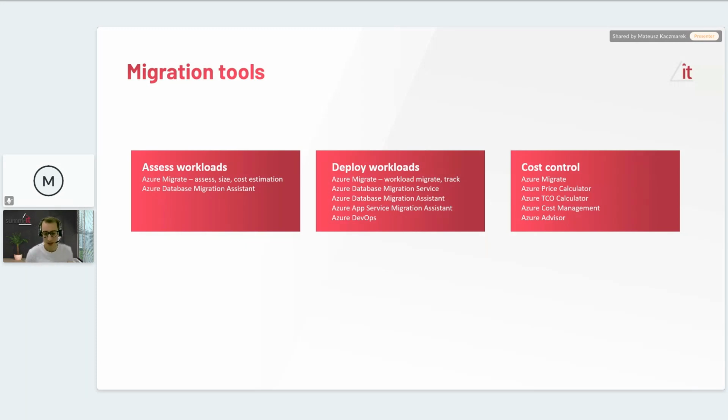Also, we have the Azure Total Cost of Ownership calculator that helps us to calculate the cost based on what we currently have in on-premises. And we have Azure Cost Management. It is a native Azure tool that helps us to manage cost when we have our resources already in the cloud, let's say.